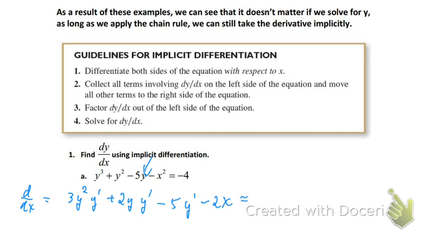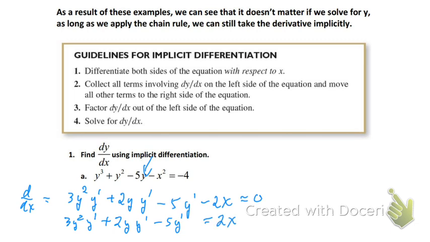What's the derivative of negative 4? 0, because it's a constant. Okay, so now I'm going to take everything. I want to get my 2x to the right, so I've got 3y squared y prime plus 2y y prime minus 5 y prime equals 2x.